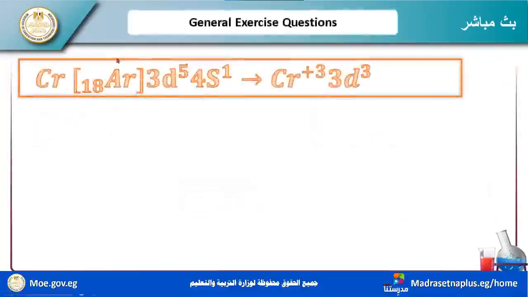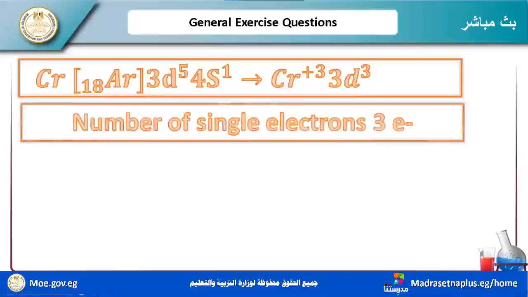The chromium atom is 3d5 4s1. When it loses electrons, it loses one electron from 4s first because it is the outermost energy level, and the other two electrons from d, so the electron configuration will be 3d3 only. The number of single electrons is 3.